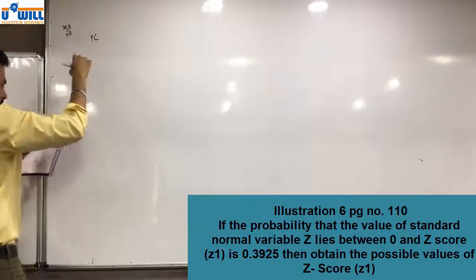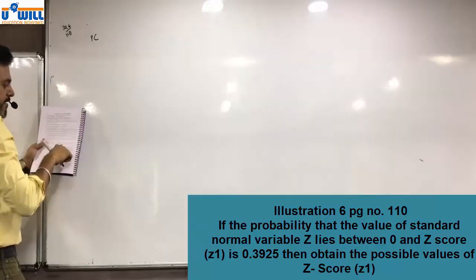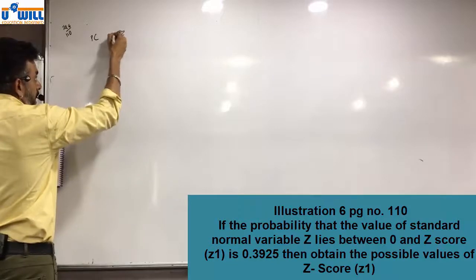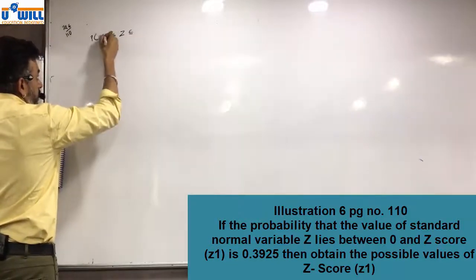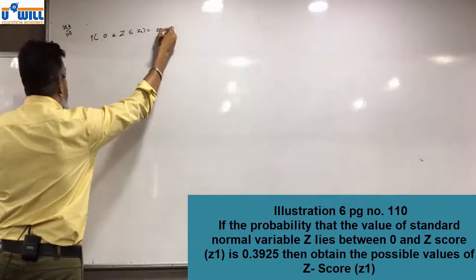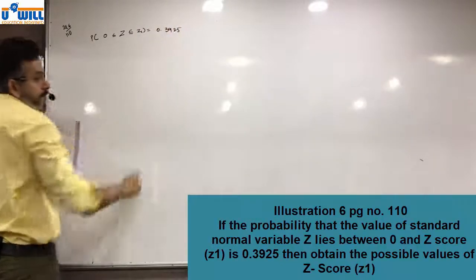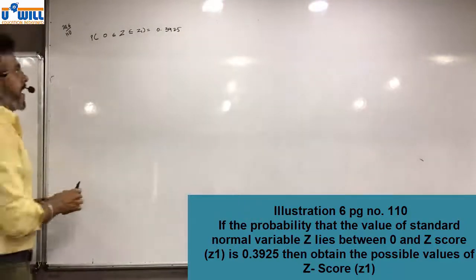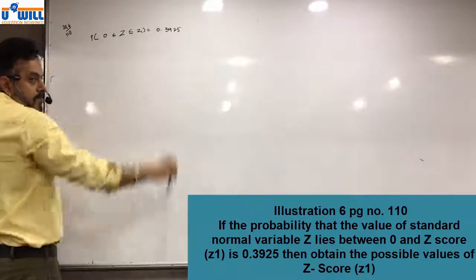Probability that the value of standard normal variable z lies between 0 to z1 is equal to 0.3925. Now we have to find the value of z1.